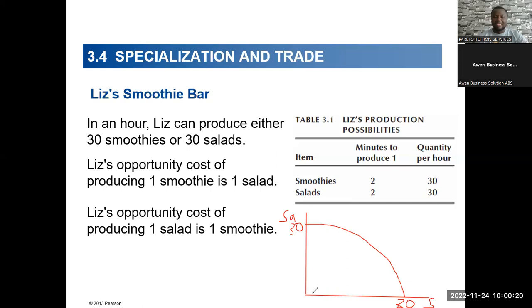Just remember that we use 2 minutes to produce each unit of either salad or smoothies. Now, at this point here, we are not producing any salad at all, okay? Now, what if we want to produce 1 unit of salad? How many minutes do we need to produce 1 unit of salad? We need 2 minutes, right?